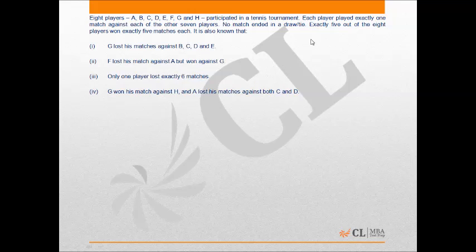Now, the first thing to be noticed is that there are 8 players and they played one game with each of the other people. So, total number of matches will be 8C2, that is 28, and maximum number of wins for a person can be 7, right?